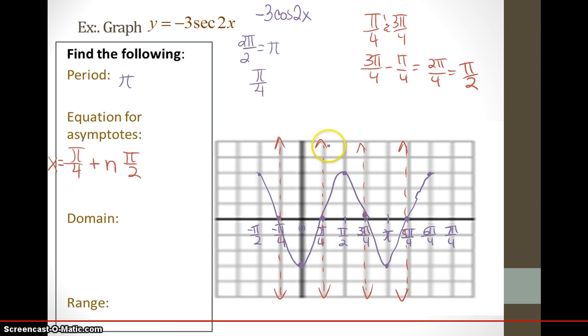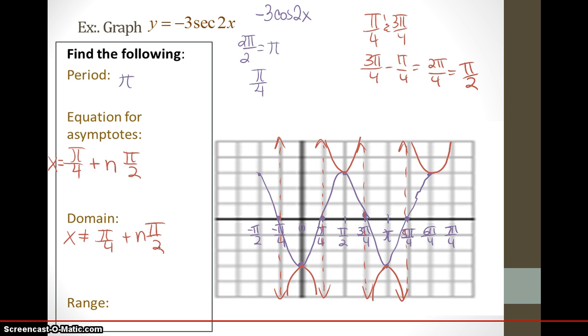Okay, let's draw in our secant function. So remember, we're going to just put it in at the maximums and minimums of our cosine function. This one's going to be like this, and then we have this one down here. Okay, so now we have everything in. Our domain is going to be all x's such that x can't be equal to the asymptote that we just found. So we'll just put that in.